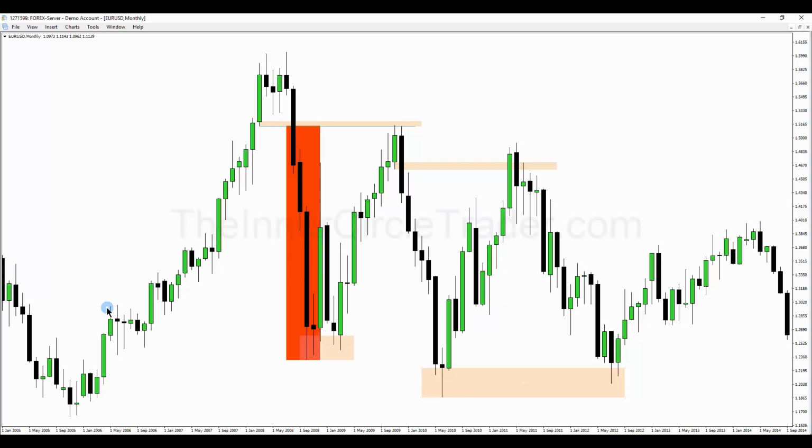Clearing out this consolidation, stops will be resting below that. We would reasonably expect it to run through that. We also know that we have a bullish order block right here. Now notice it wicks through that, but the body of the candle, this candle's body rather, trades right into this candle here.